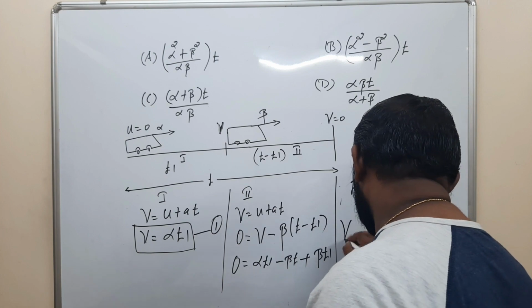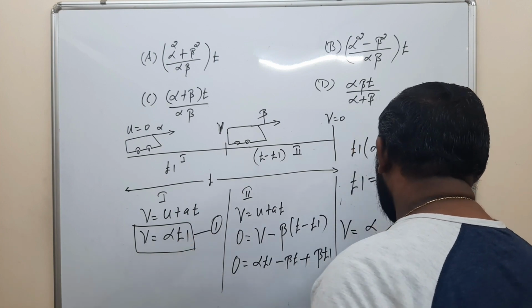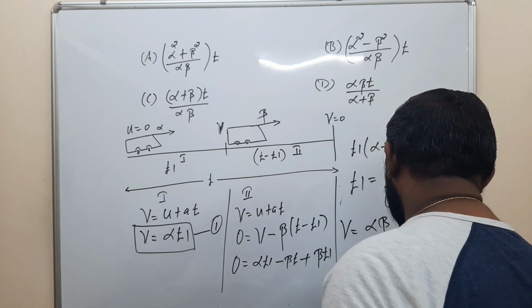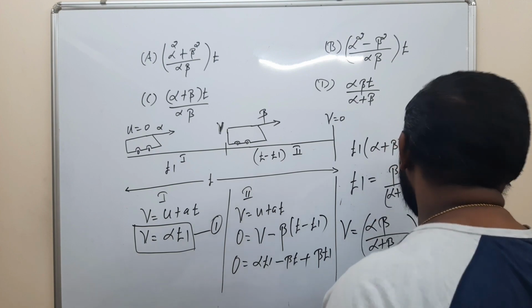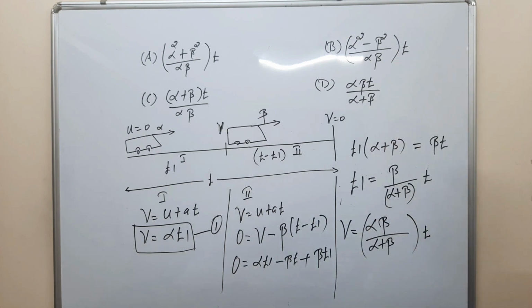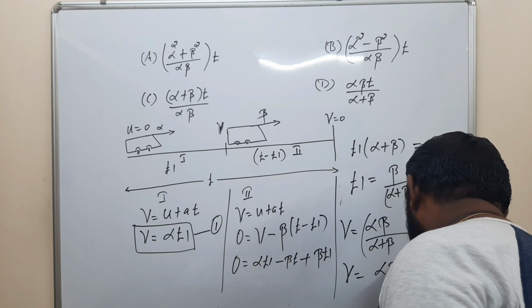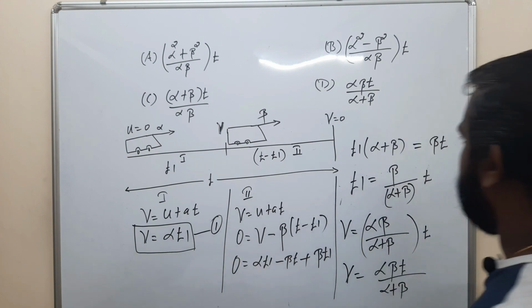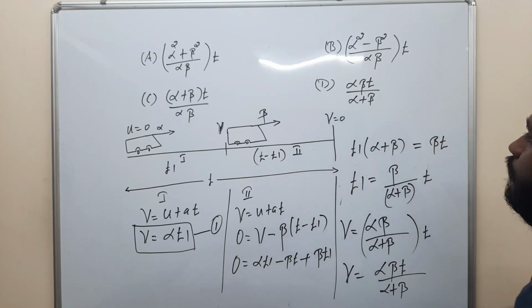So v is equal to alpha times beta divided by alpha plus beta into t, that is alpha beta t divided by alpha plus beta.